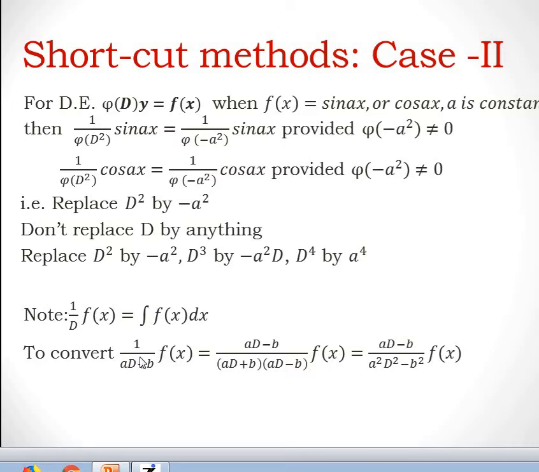So multiply and divide by this term with negative sign, that is aD minus b. We get aD minus b upon aD plus b, aD minus b into f of x. So that is equal to aD minus b upon a square D square minus b square into f of x.